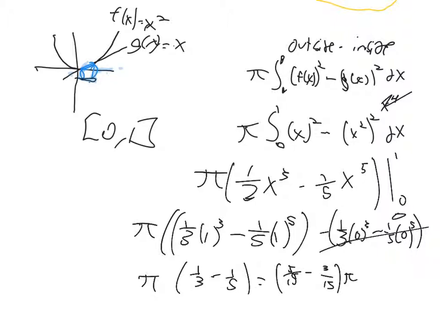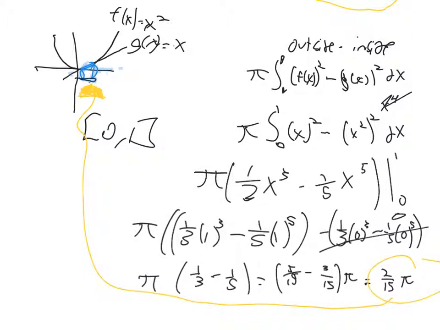I'm going to throw that back here because I forgot. And then this gives you 2/15 pi. So this is the volume of this solid of revolution right up here. Sorry, that really was a bad job drawing, but if you can visualize it, it really helps you get it.